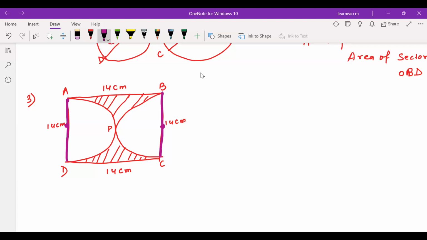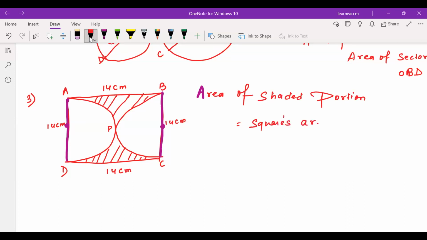Okay, so let me write it. Area of shaded portion will be equal to the total area, the complete area, that is the square's area, minus area of semicircles.